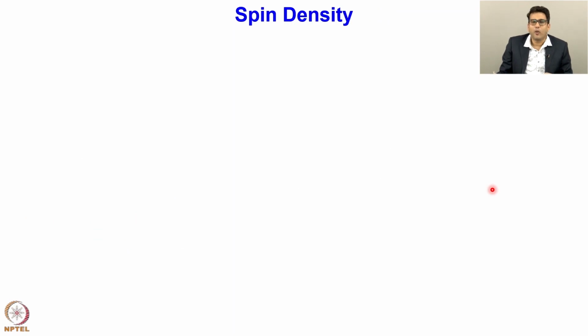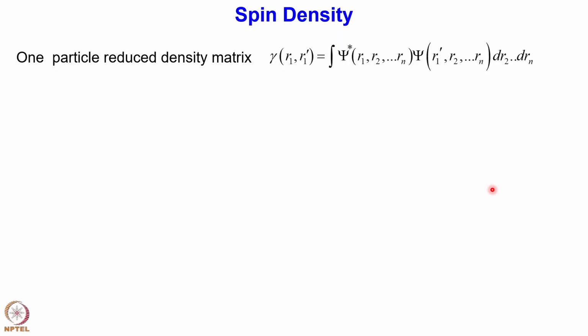Now, one of the important tools to deal with open shell systems, to interpret the properties of open shell systems, is to use what is called a spin density. Now, the question is, what is density? To know what is density, we first need to know what is the one particle reduced density matrix, gamma. And you see that gamma has two coordinates, R1 and R1 dash. So, I take my wave function, which actually has n coordinates, R1, R2 up to Rn.